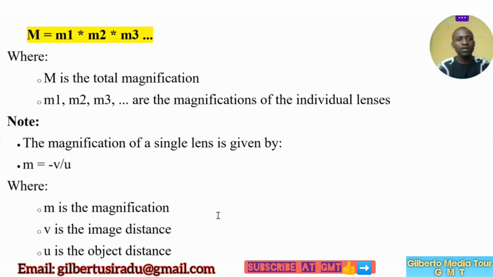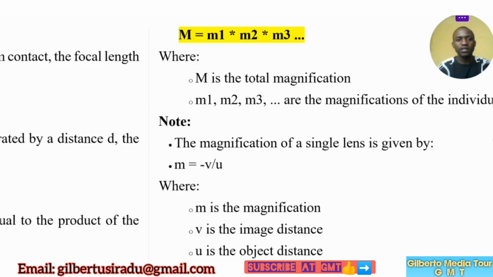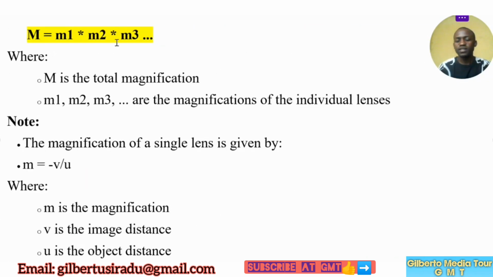So magnification is given by M equals negative v over u, the ratio of image distance over object distance, with this negative sign applied. This is magnification.